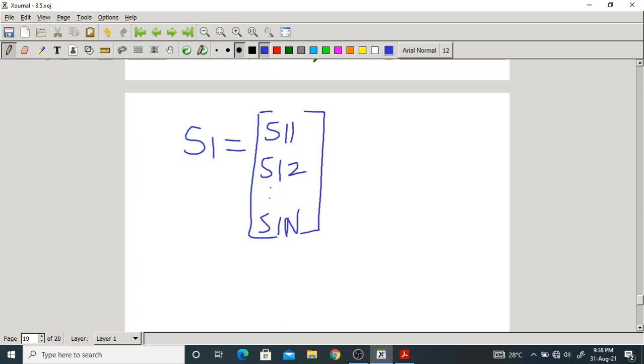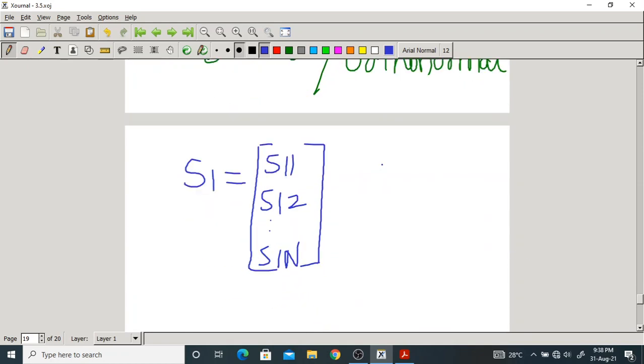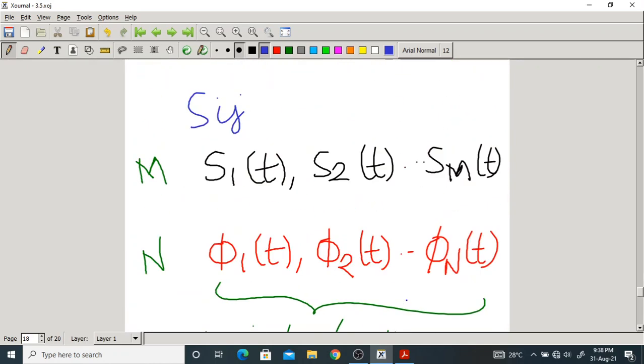For each and every signal si of t, si of t and the vector si have a one-to-one relation, which means they are exactly the same. For this signal, what is the vector? s1. For this, s2. For this, sm.